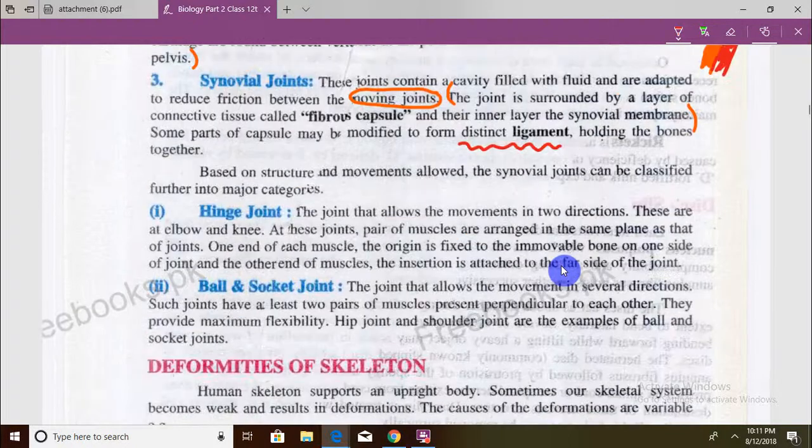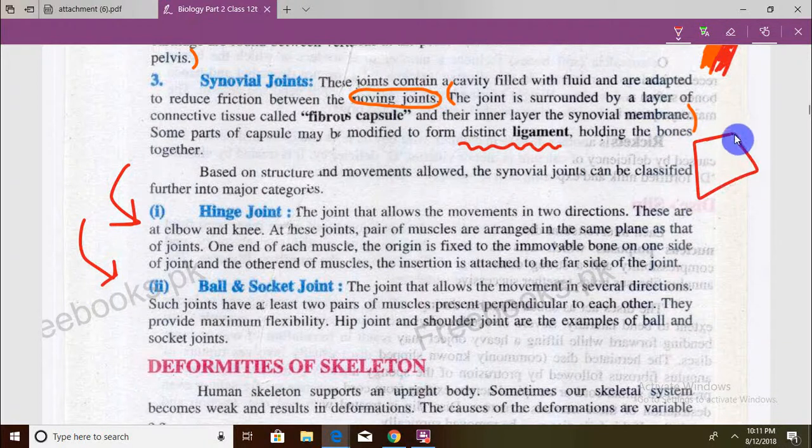Based on structure and movement allowed, we can classify the synovial joints into the hinge and the ball and socket. Now the hinge joint allows movement in two directions, like I said, quite like a door, and they occur at the elbow and at the knee.